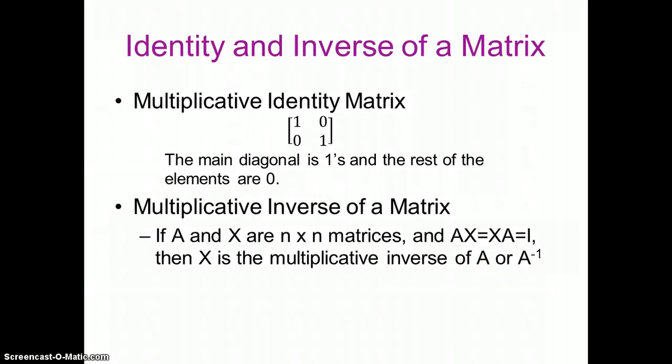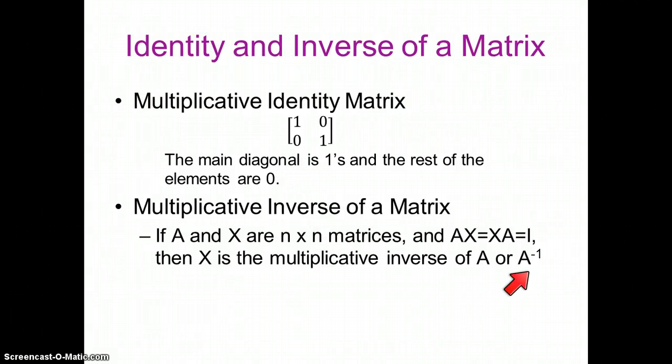Since multiplication of matrices is not commutative, we actually have to prove that it works both directions. So we have to prove that A times X and also X times A makes the identity matrix. Since we're working with 2x2 matrices today, that's going to be this matrix back up here with the ones on the diagonal.